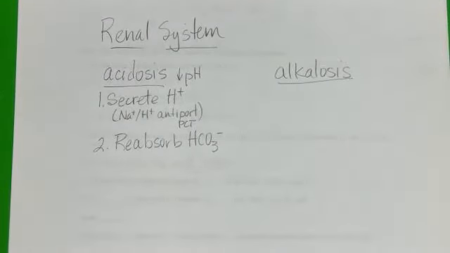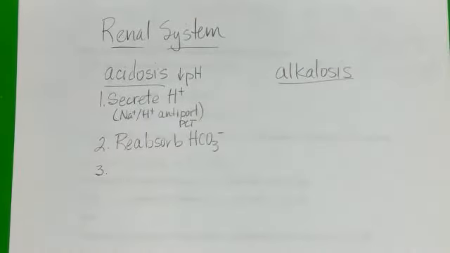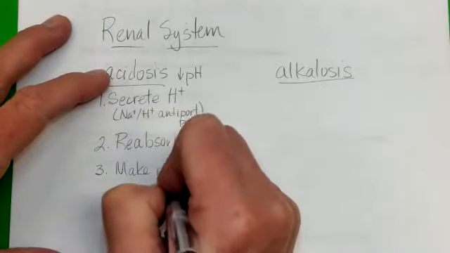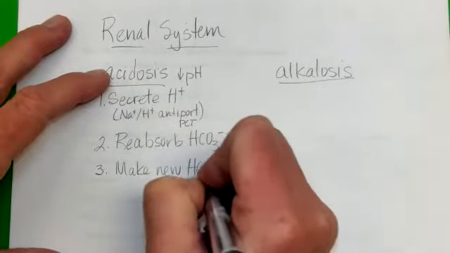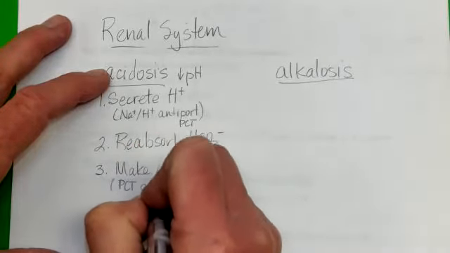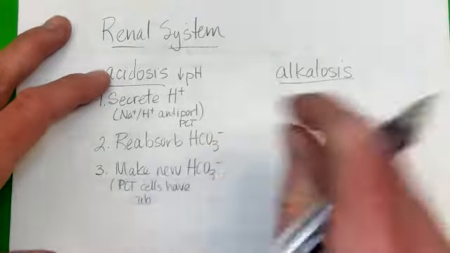I can make sure that I reabsorb all of my bicarbonate, or because the cells in the proximal convoluted tubule have carbonic anhydrase, oh, what do you know? We can make new bicarbonate. So I'm going to put PCT cells have carbonic anhydrase.